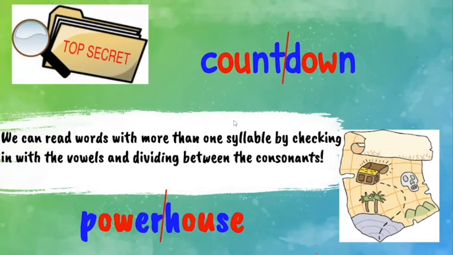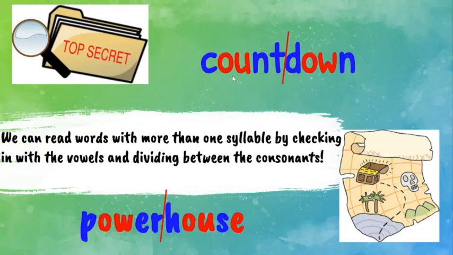The goal of this video series, and if you haven't seen the other videos, I'd like you to go back and review them, there is an order to them, starting with the open and closed syllables. The goal is for 2nd graders who are going into 3rd grade to be able to take all of these familiar chunks that you have learned and look at a word that has more than one syllable and start to recognize and decode those words.